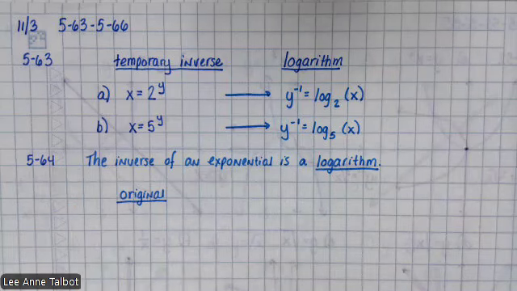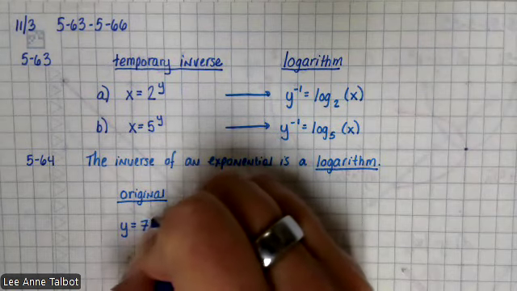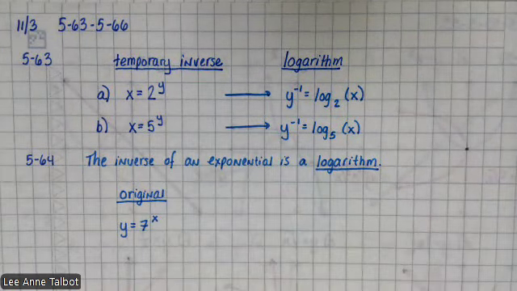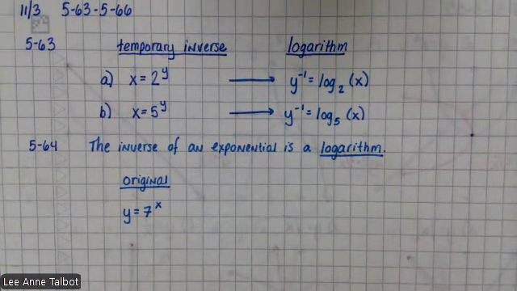Okay, so let's pretend that I gave you a problem, and this is an exponential. Y equals 7 to the x. No big deal. Just your garden variety exponential.